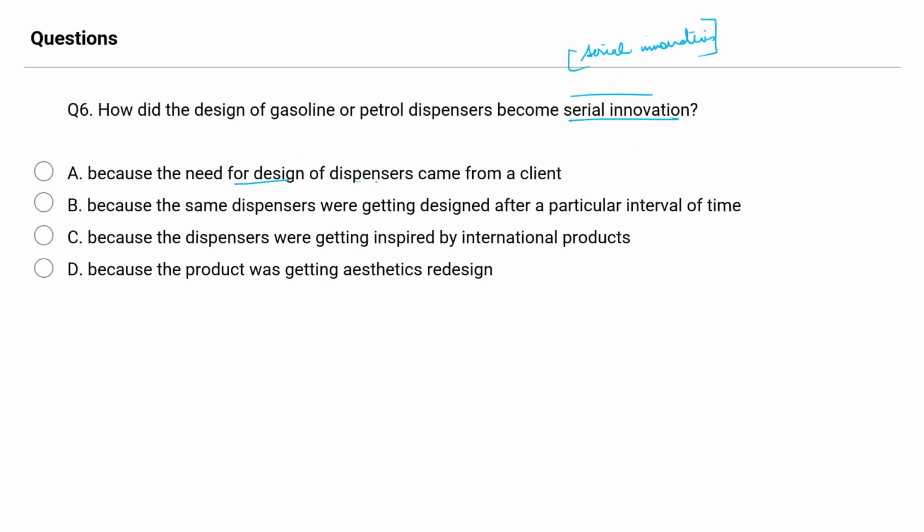Because the need for design of dispensers came from a client; because the same dispensers were getting designed after a particular interval of time; because the dispensers were getting inspired by international products; because the product was getting aesthetically designed. We're talking about client, designing after a particular interval, inspiration from international products, and aesthetics and redesign.